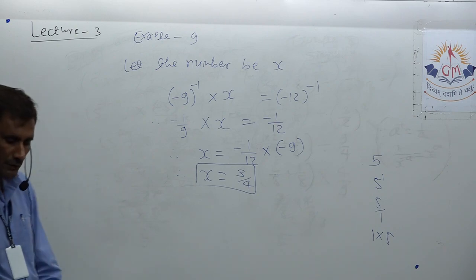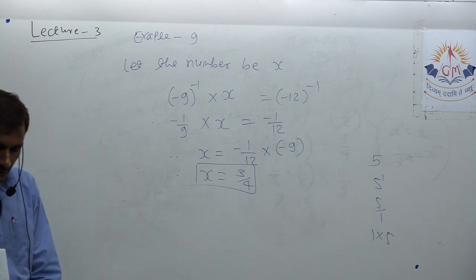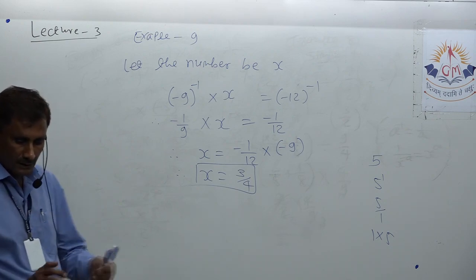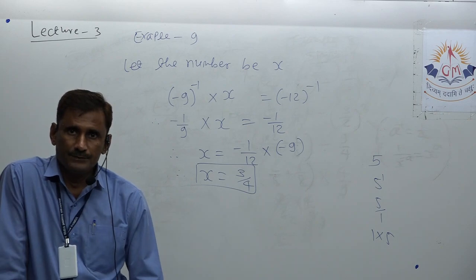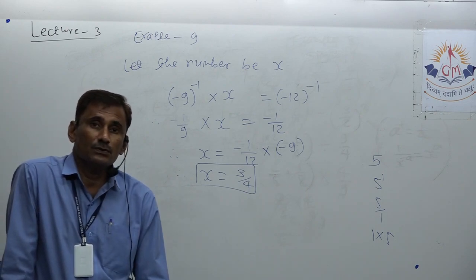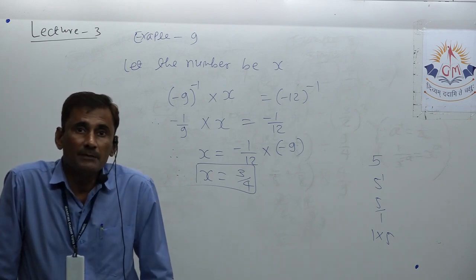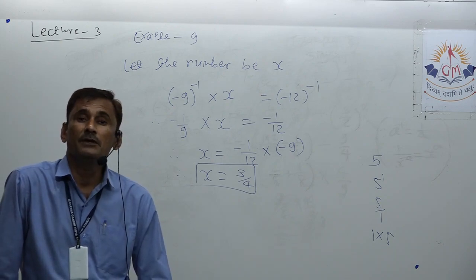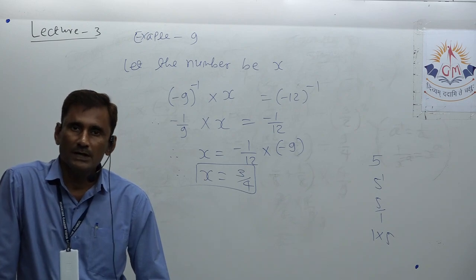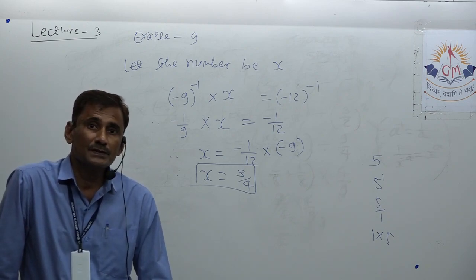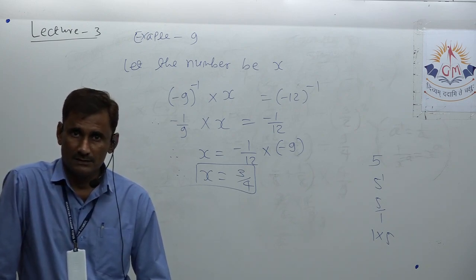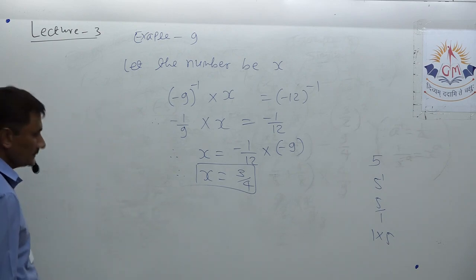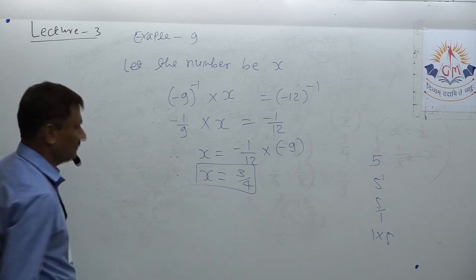Okay, now if you remember in first lecture I told you in some important result that if bases are equal you can compare exponents, and if exponents are equal you can compare bases if in between equality sign is there. Okay, so now we are going to use that rules or that results. Okay, so I am talking about example number 10.